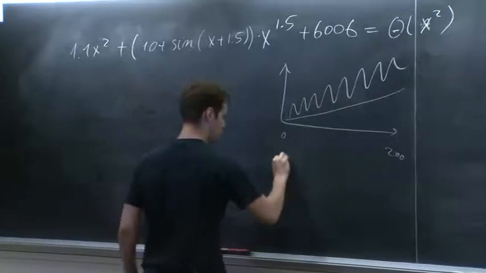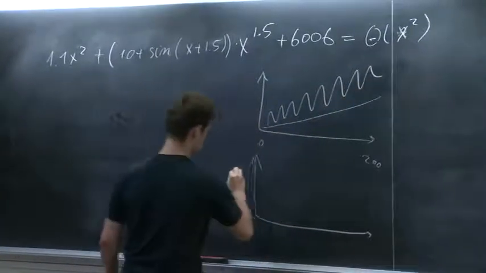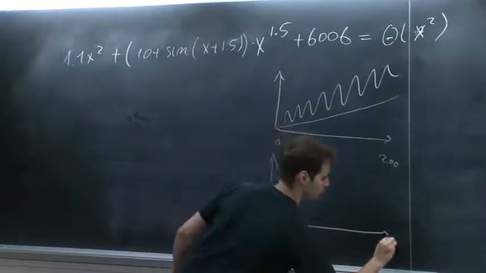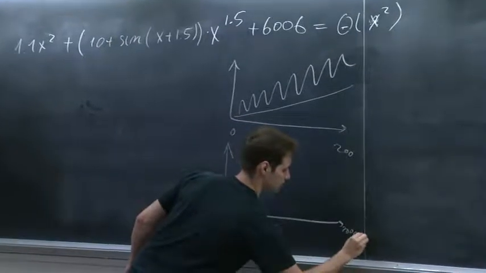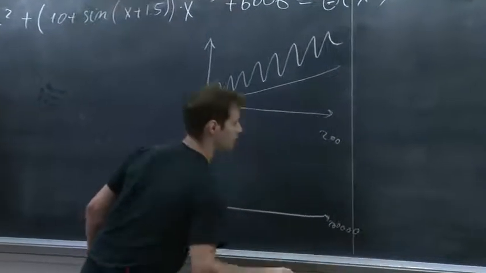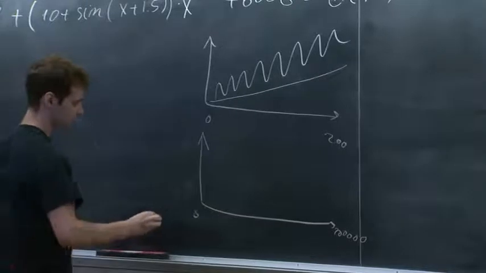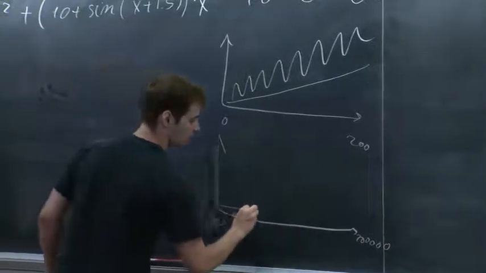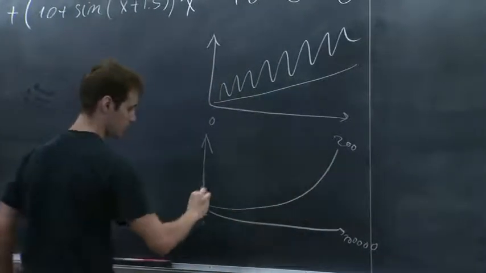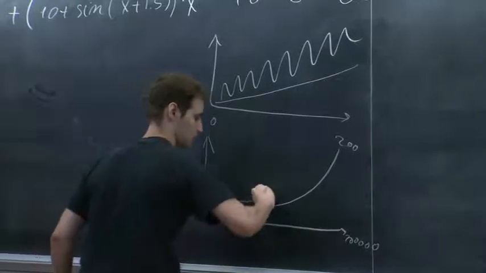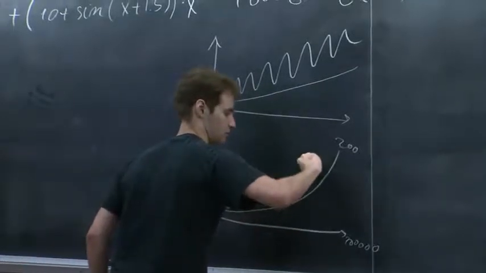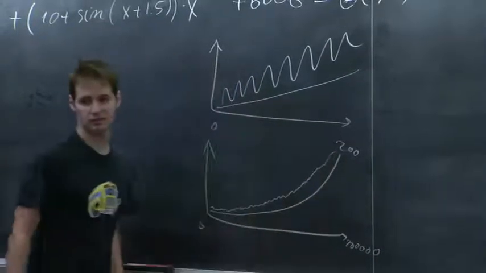However, if I make my scale 0 to 200,000 to make sure that it's going to be correct, x squared looks like this, and this function looks like this.